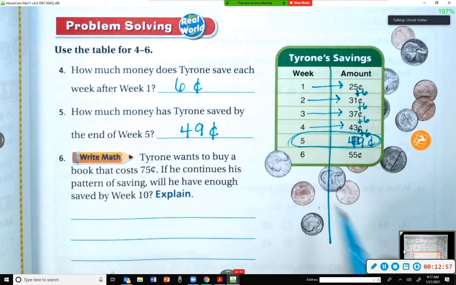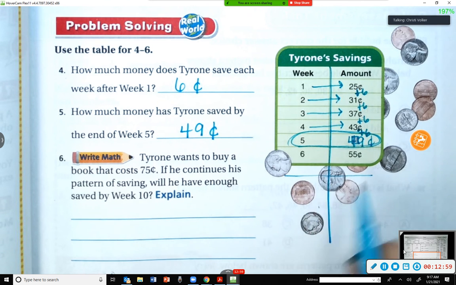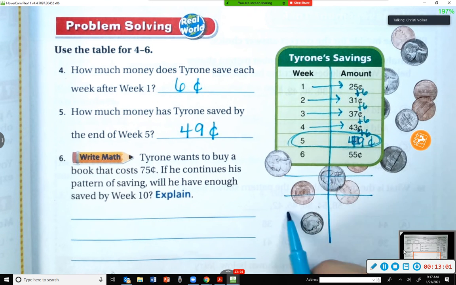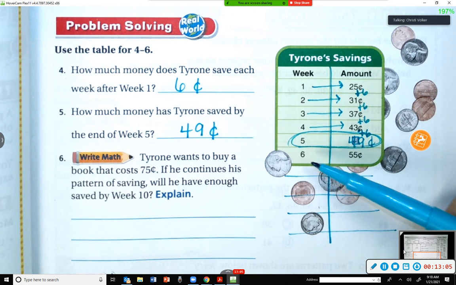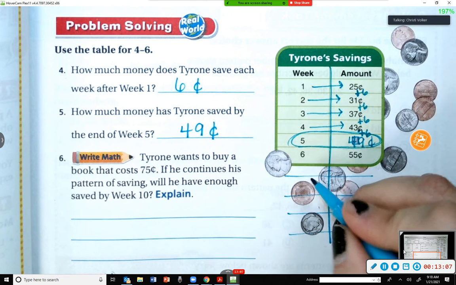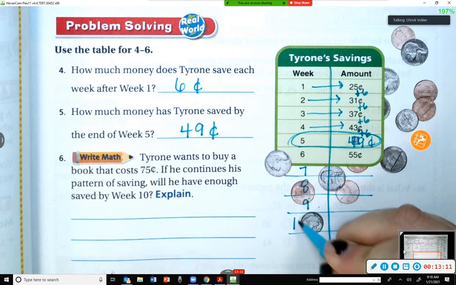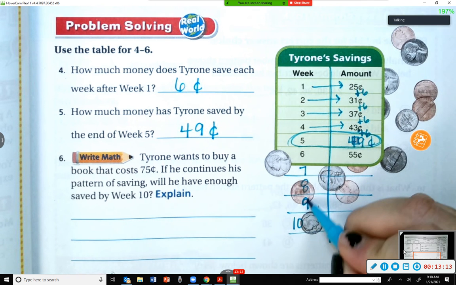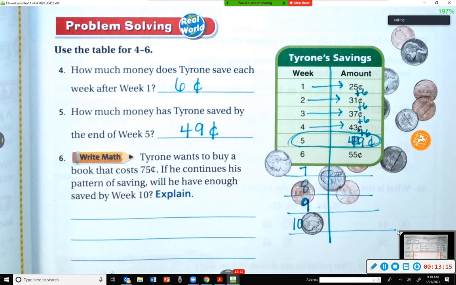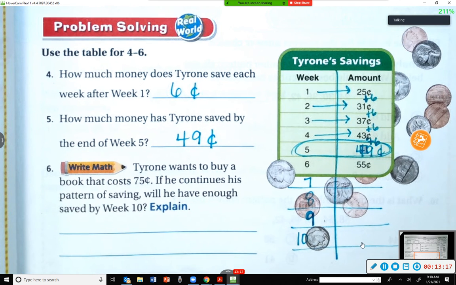And how far do we need to continue the pattern? Who can tell me? Until 10. Until week 10. Very good, Allie. So if it stopped at week 6, we need to make sure we have 7, 8, 9, and 10. Can y'all see that? Yes.